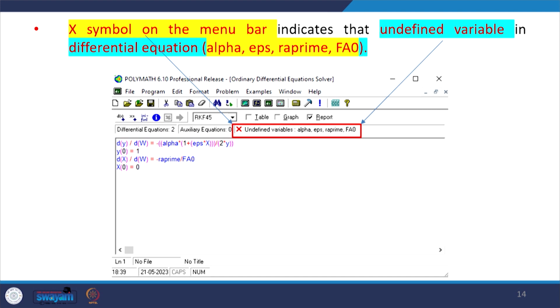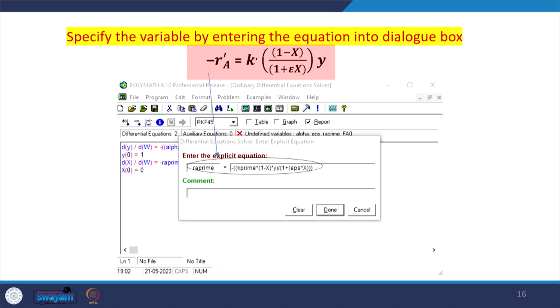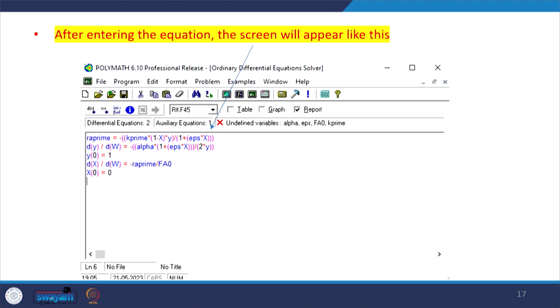Then we can see the undefined variables. These are the parameters we have not put, that is, undefined variables in the differential equations; this is shown by these cross symbols. So, we have to click on x equals plus. These are called explicit equations, where we put the other parameter values. First the r a, minus r a prime equation, with the corresponding value.